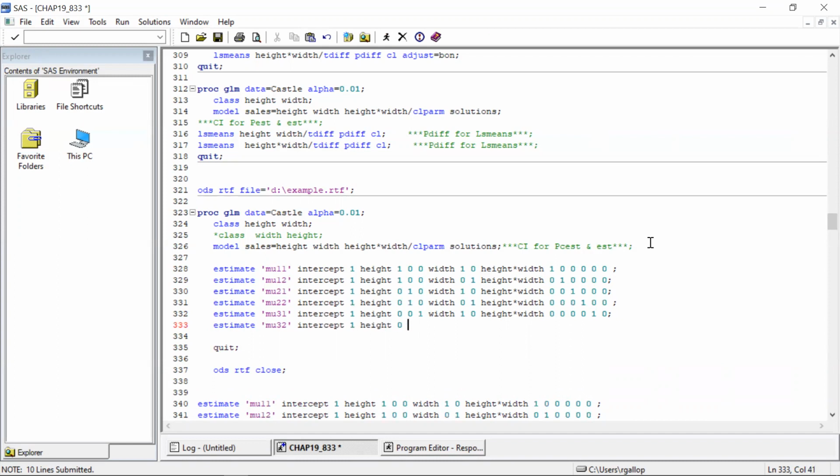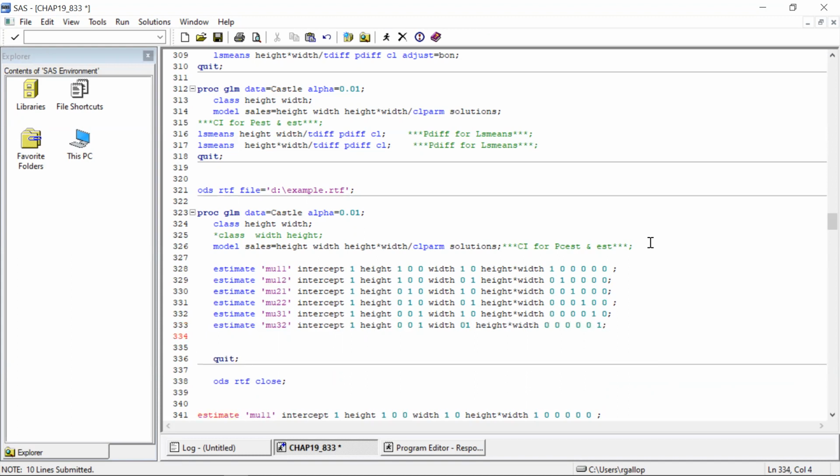Height, level 3. Width, level 2. And then the height star width. So height 1 with 1, height 1 with 2, height 2 with 1, height 2 with 2, height 3 with 1, height 3 with 2.